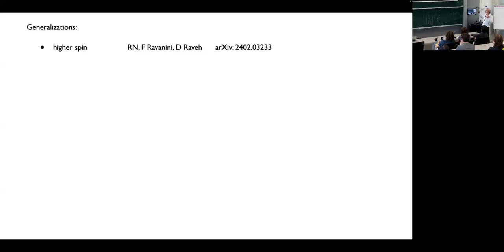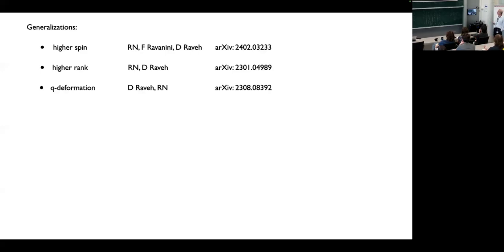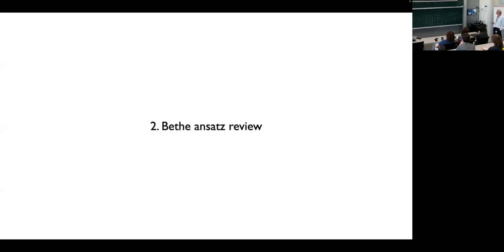And so it's kind of generalized Dicke states, and we worked out a circuit for those. Also, instead of qubits, one can also go to D-level systems. So then instead of SU(2), it's SU(D) Dicke states, and we worked out a circuit for that, and even q-deformations.